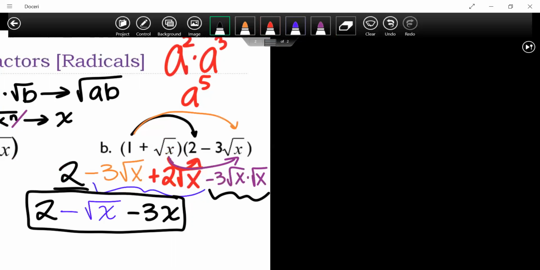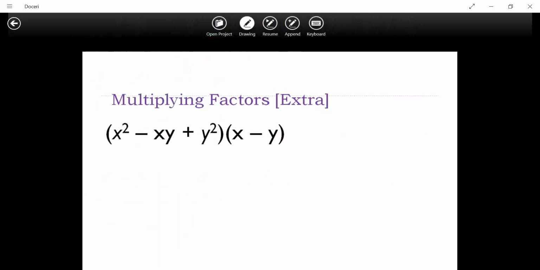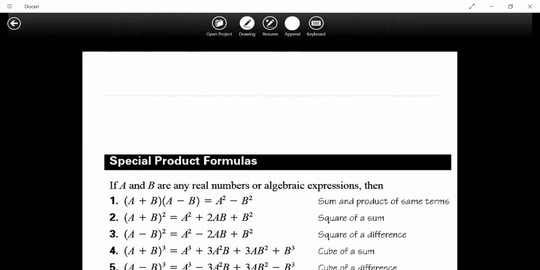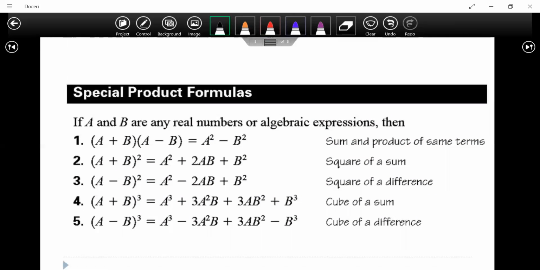Okay, here we go. Don't worry about this one, we're going to skip it. Do me a favor and copy down those. These are the rules you kind of need to know. These are the special product factors. You'll need to know how to apply these. Sums and products are the same. Difference of squares.